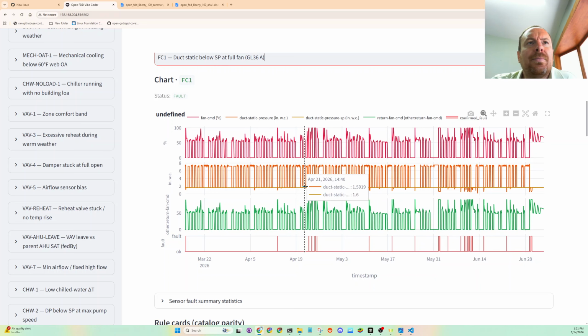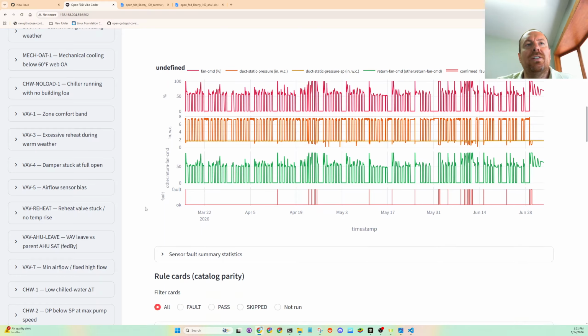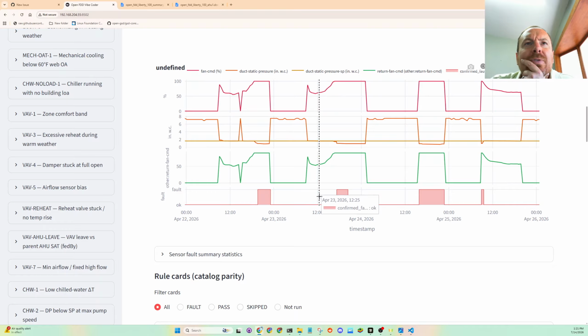When it covers a shoulder season, that's when we can really look at economizer performance, which is what we should be diving into for shoulder season. If we were doing peak cooling season, then we would be looking purely at chiller plants, making sure we are not economizing when we should be, that type of thing.